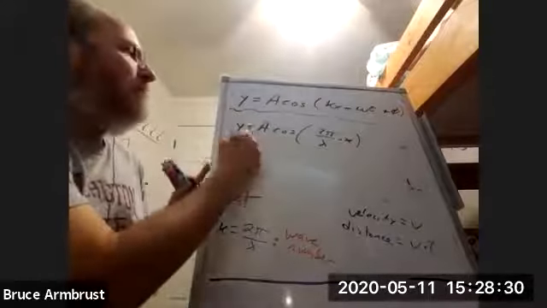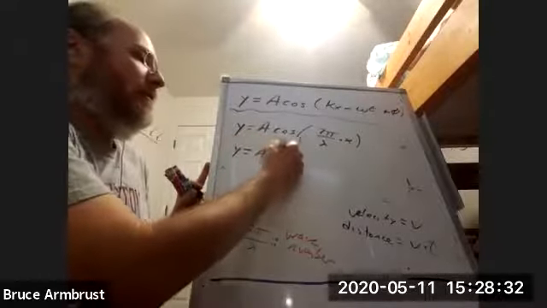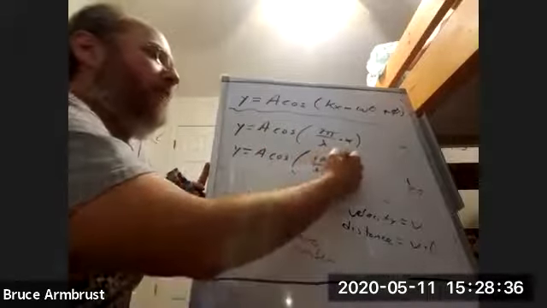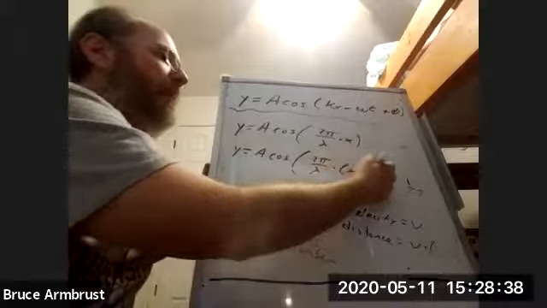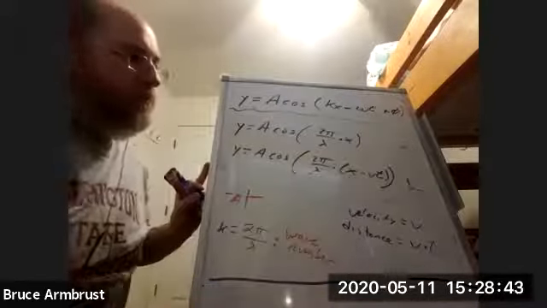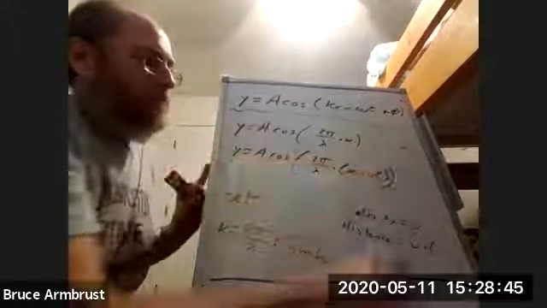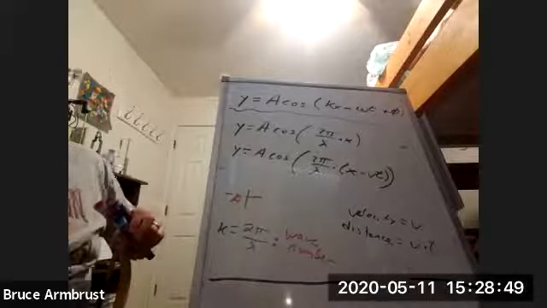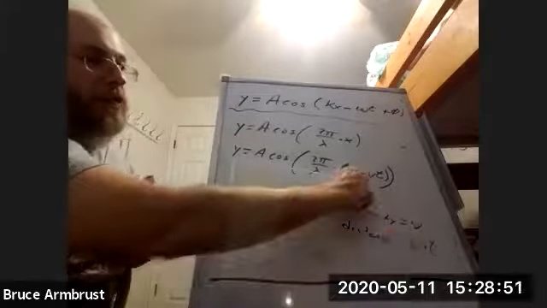But now if we let it move, that's going to change this, 2 pi over lambda times x minus vt. So that's that distance vt that we're moving to the right.